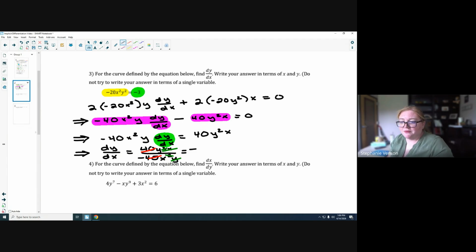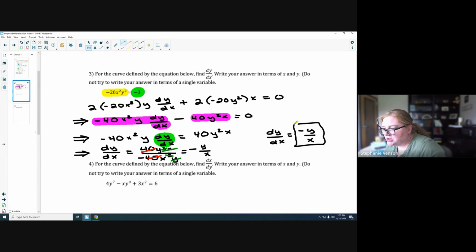Wow, so that simplified a lot. Simplifies all the way down to negative y over x. So it looks like dy dx is equal to negative y over x. And this right here, of course, is the part that you would type into Alex.